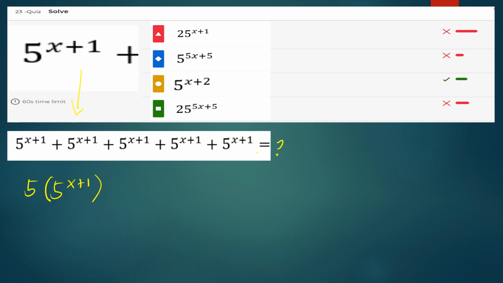Right? Okay. So, for that, after that, we're going to apply the laws of exponent. So, sa laws ng ating exponent, di ba? If we're going to have this one, this is a product rule. Pag parehas ang base natin, and then the operation is multiplication, what we're going to do is we're going to add the exponents. So, we will be having here 5, and then we have 1 plus x plus 1.